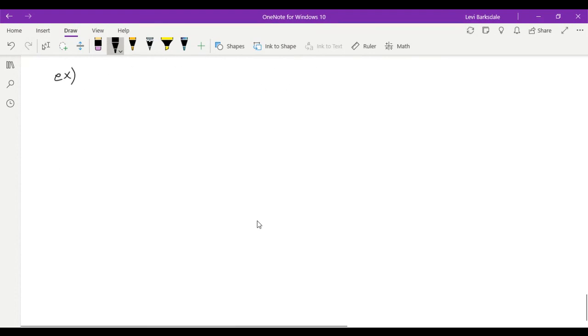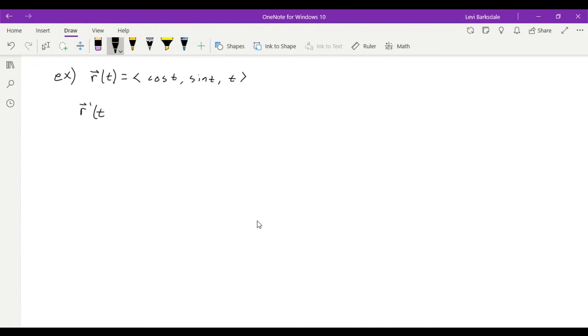And with this one, I'm going to take a position vector, cosine of t, sine of t, t. And from this, I can use it to find the velocity, the acceleration, and the speed.